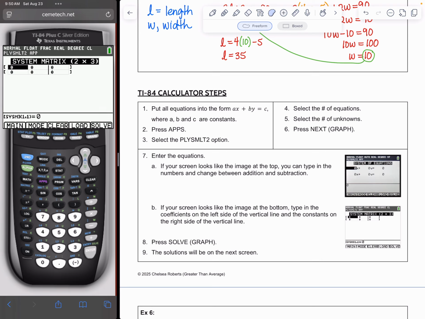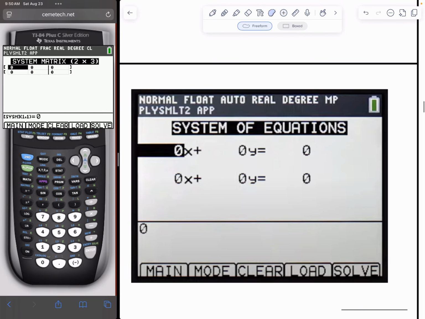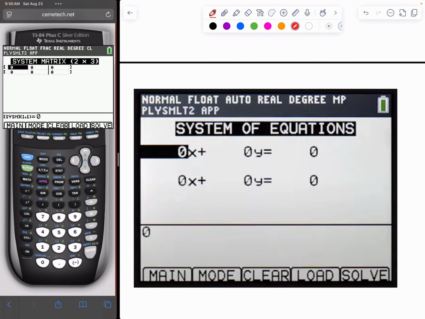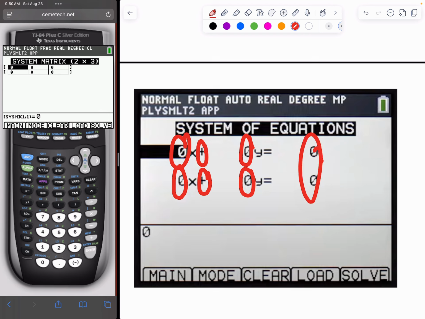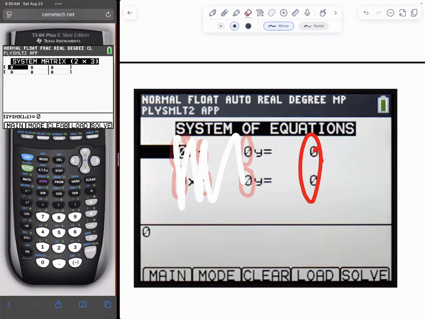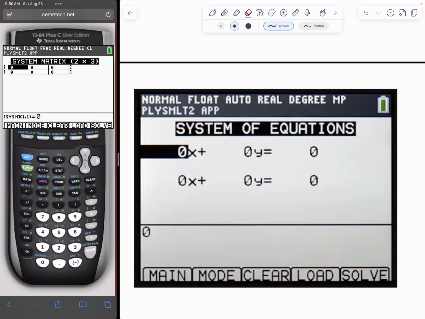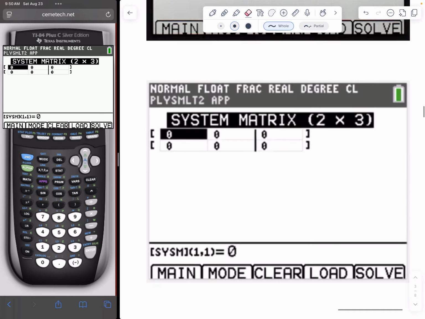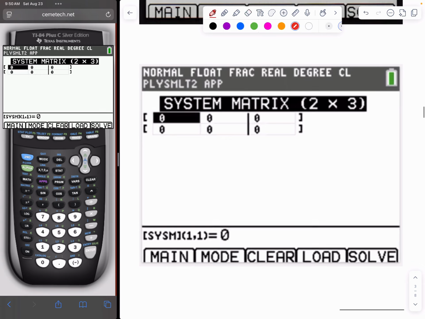Once you put that in, if your screen looks like this, all you have to do is fill in the numbers, change the plus signs to minuses if needed, and then literally just fill everything in like normal. Okay. If you have a newer calculator. If you have an older calculator like mine, each column represents a variable.